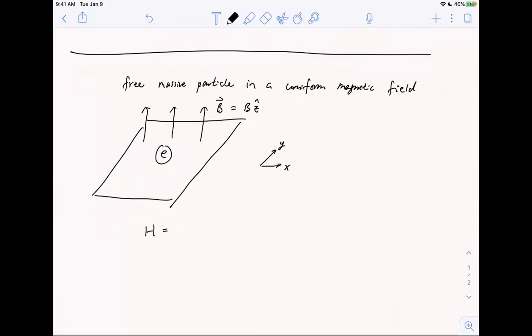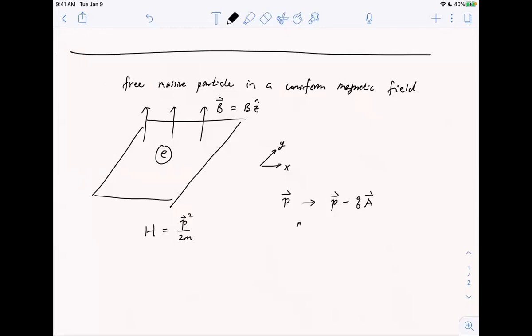In this system, we use something called the minimal coupling or minimal substitution. That is, initially you have a p squared. This should be a vector. So the minimal substitution is that you substitute p with p minus qA.